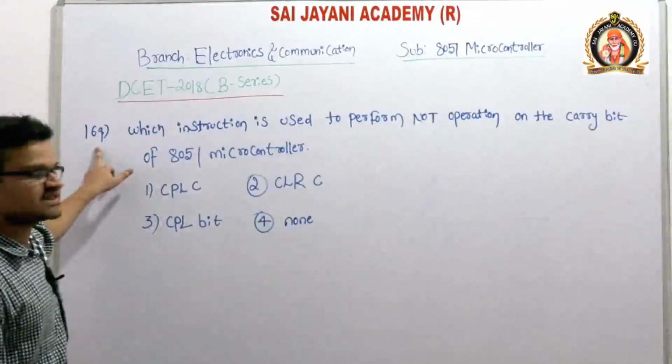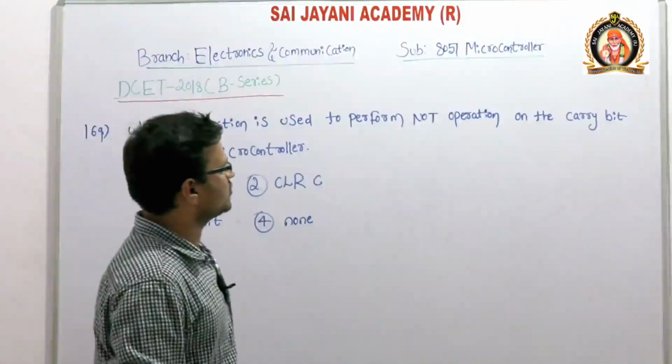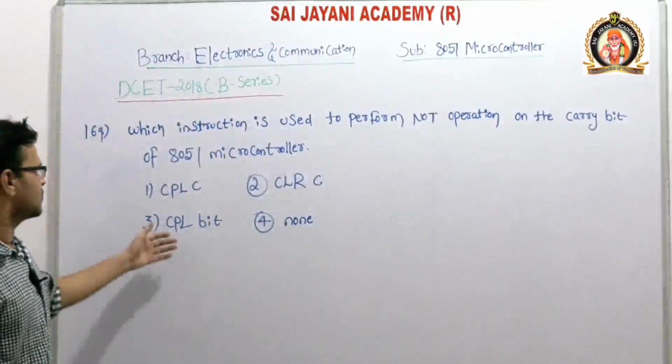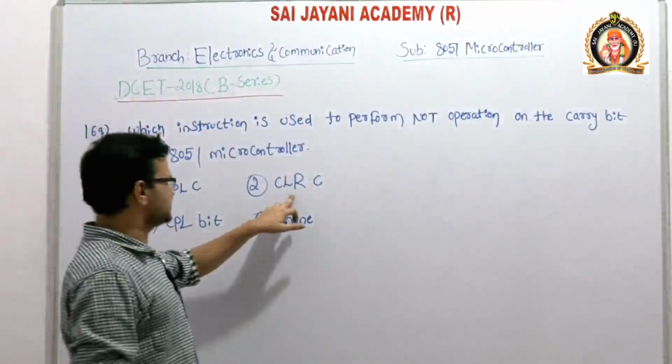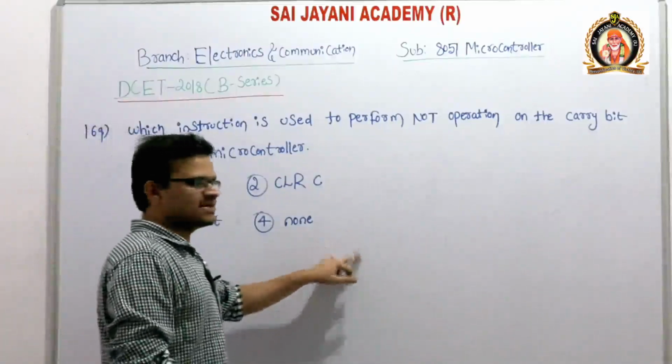Question number 169. Which instruction is used to perform the NOT operation on the carry bit of the 8051 microcontroller? The options are as follows. The first is CPL C, the second option is CLR C, the third option is CPL bit, and the fourth option is none.